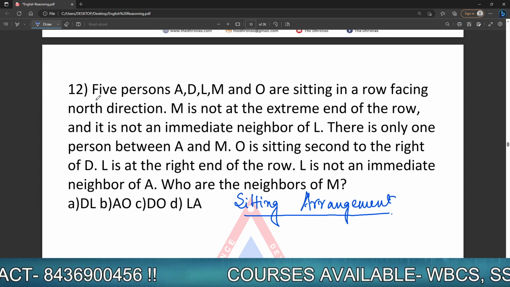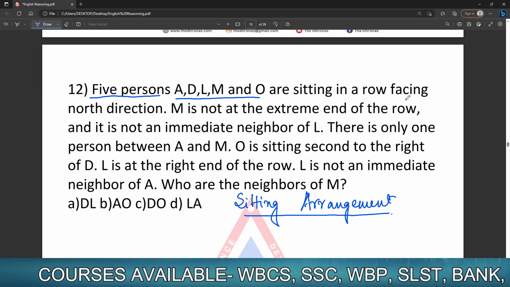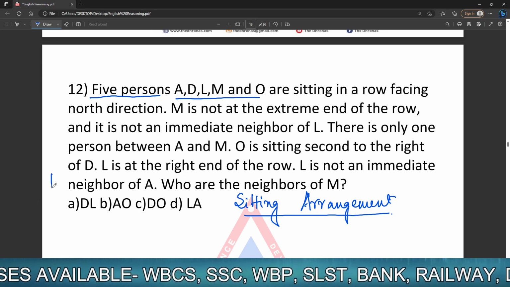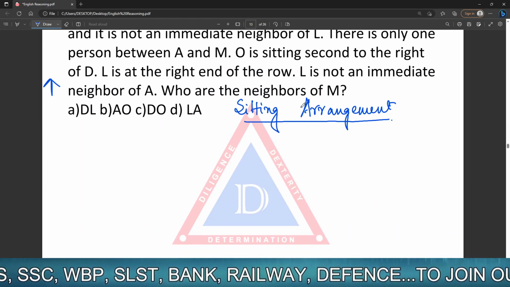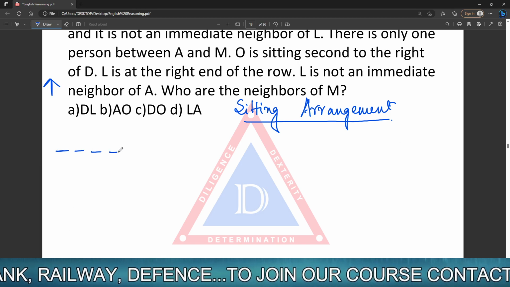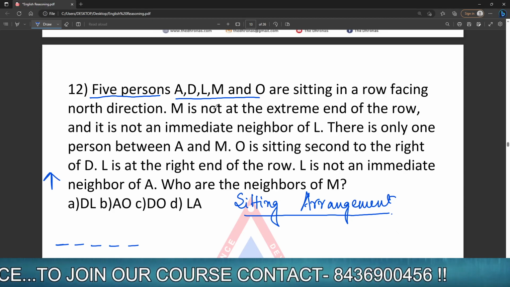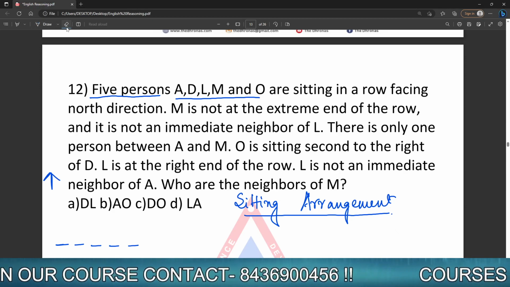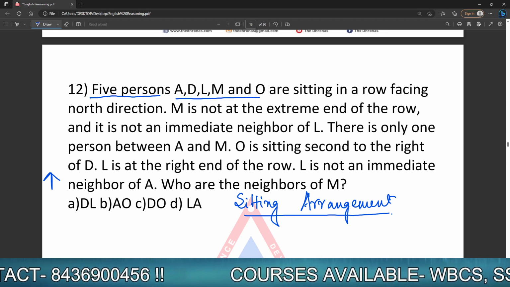Question says 5 persons are sitting in a row facing north. 5 persons, we see 1, 2, 3, 4, 5. We can do that, which is given.